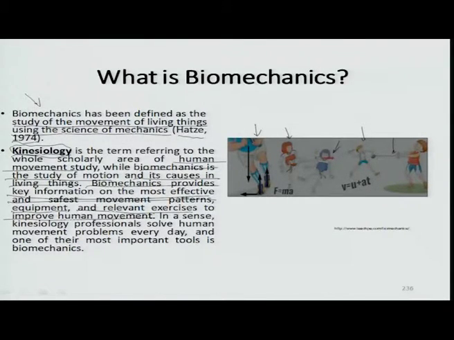How to even conduct motion in a particular guided manner is also within the domain of biomechanics. In a sense, kinesiology professionals solve human movement problems every day, and one of their most important tools is motion study, which is coming from this area of biomechanics. So, it becomes a subdomain of kinesiology. That is how we would like to explain biomechanics.